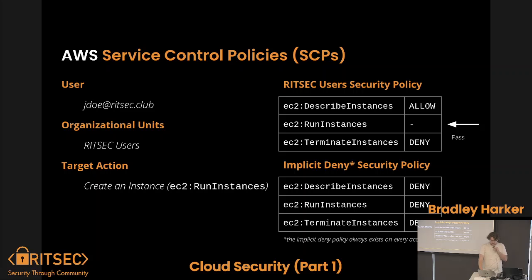Okay, I forgot to change that title. That's my fault. As you can see here, we never explicitly allow the run instances permission within the users security policy. So we do a pass action, and it will immediately move to the deny and deny John Doe the action to create an EC2 instance.